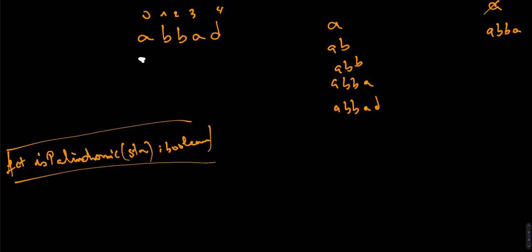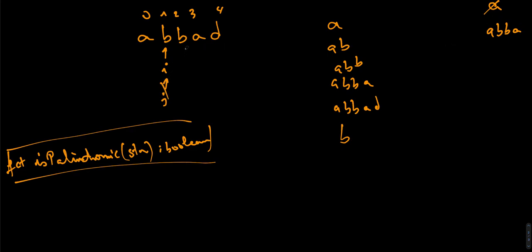So our I will go to the next element here, and J would be here again. And again, now we have B as our substring, and B is palindromic, but B's length is only 1, and our current longest palindromic is 4. So even though it's palindromic, we won't update here, okay?